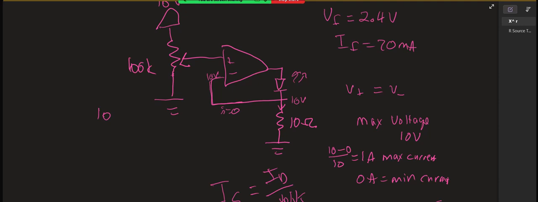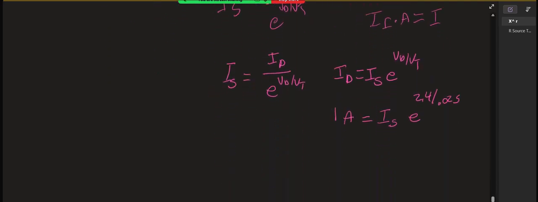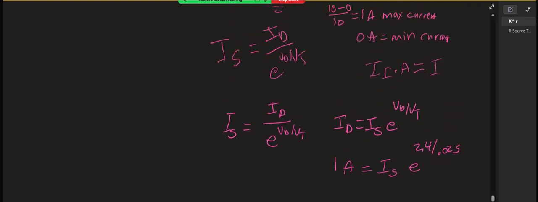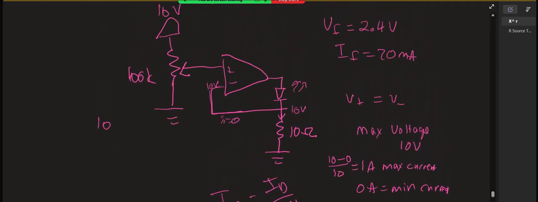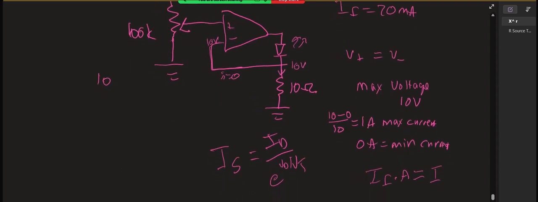So I need the maximum positive supply voltage needed by the op amp to support the maximum current through the LED, rounded up to the nearest volt. So I need the gain to be enough to get my 20 milliamps up to a full amp, because that's the maximum current that I can have.